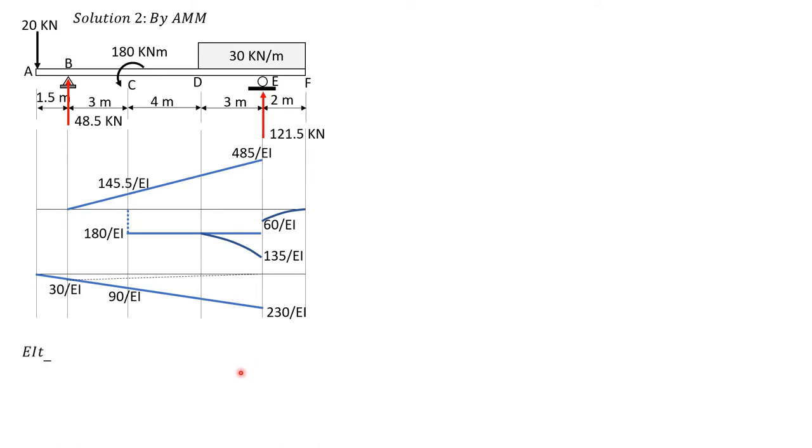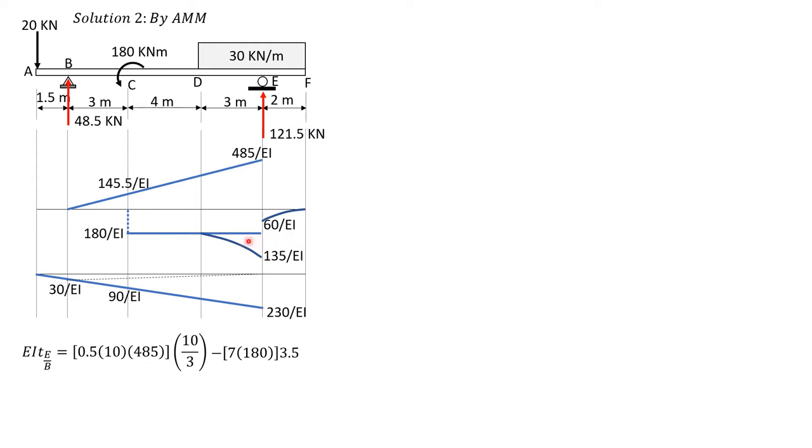So first, let's consider BE, and let's compute the deviation of E relative to the tangent at B. So we have 1/2 or 0.5 of 10 times 485. The moment arm is 1/3 of 10. So 10/3 minus 7 times 180 over EI times 3.5, the moment arm. And for this spandrel, 1/3 of 3 times 135.